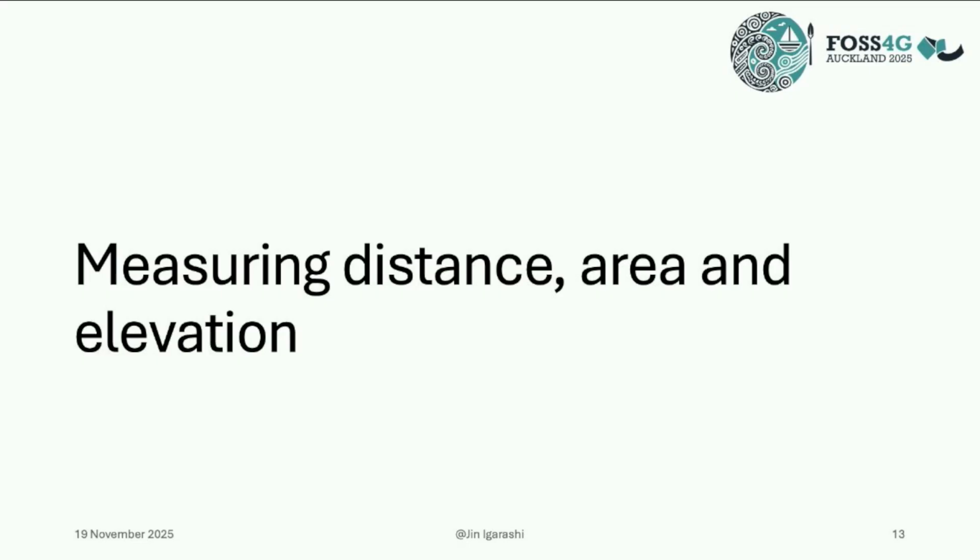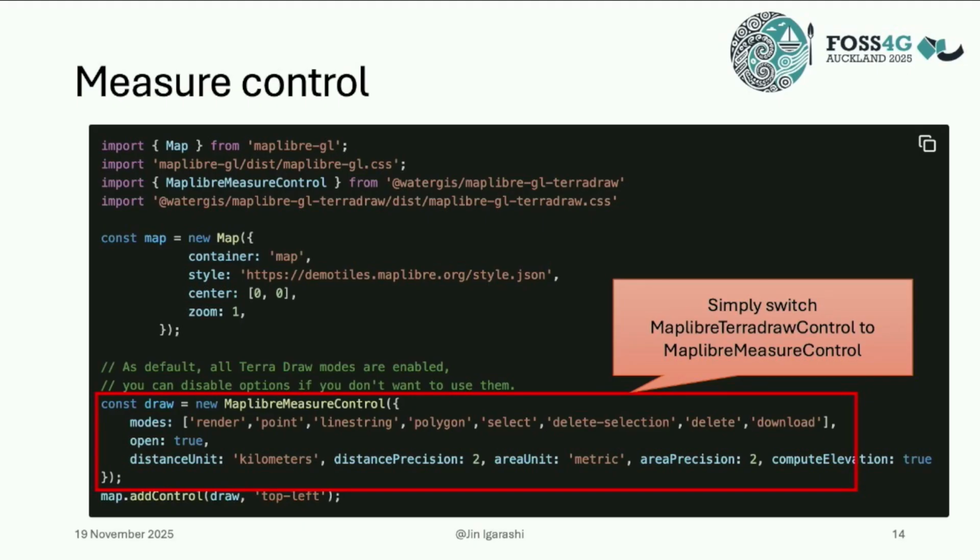For the measuring feature, this plugin can measure distance, area, and also elevation. You can just swap the class name from the terradraw control to the measure control, and you can add a measuring feature to your application.